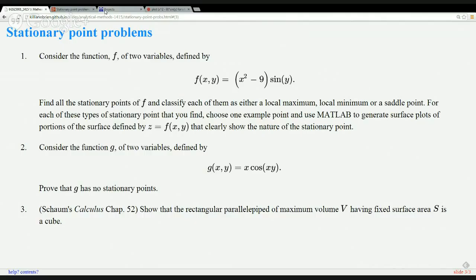If x is equal to 0, then df dy is equal to 0 if and only if, well, if x is 0, then this simplifies to minus 9 times the cosine of y equals 0. Well, the zeros of minus 9 times the cosine of y are exactly the zeros of cosine of y.